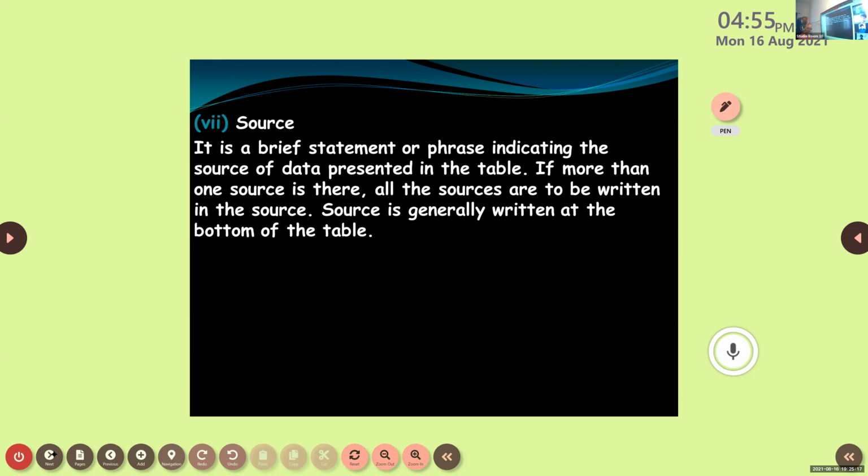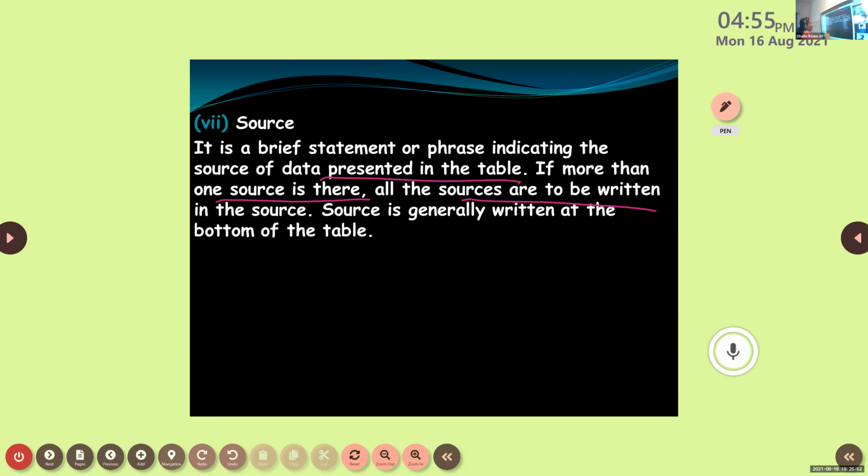Next one, source. From where we have got this particular data, that should be indicated in the table. From which area you have collected this data, or from where you got all this information, should be presented in the table. And if more than one source is there, all the sources are to be written in the source area.